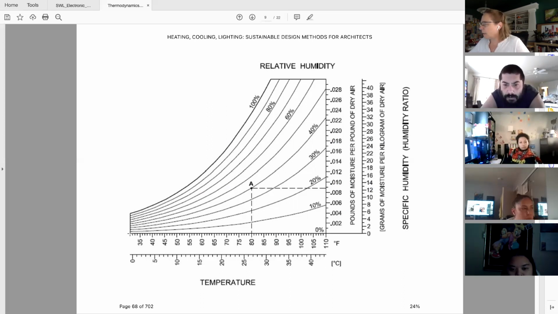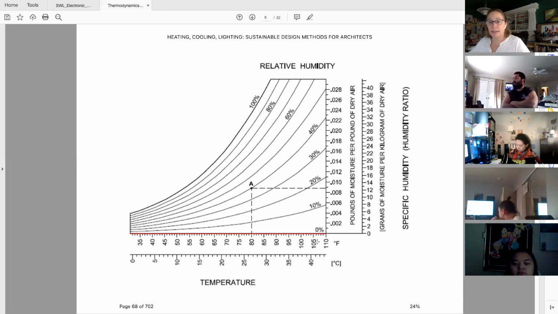Along the bottom axis is the dry bulb temperature, so known as the sensible heat, or I shouldn't say that. Sensible heat only addresses dry bulb temperature. It is regardless of what the moisture content is.